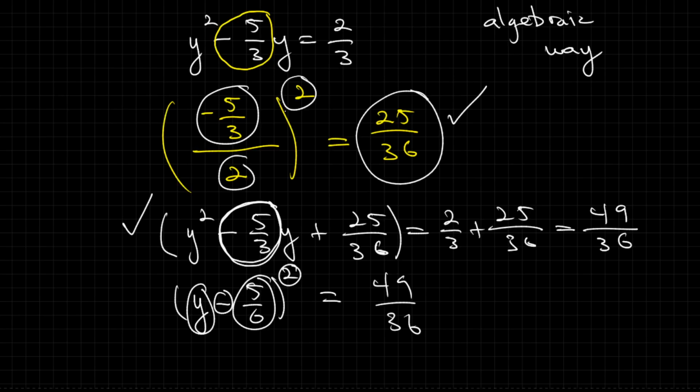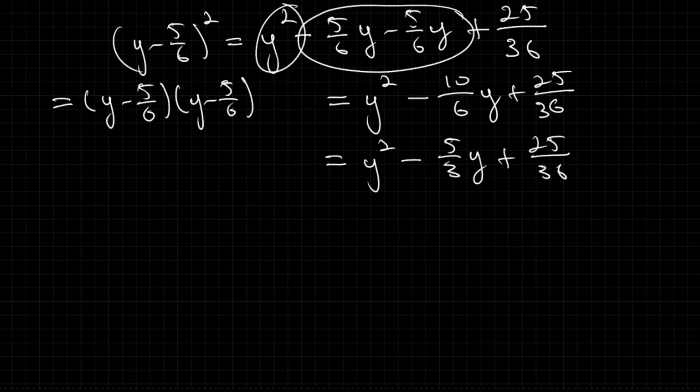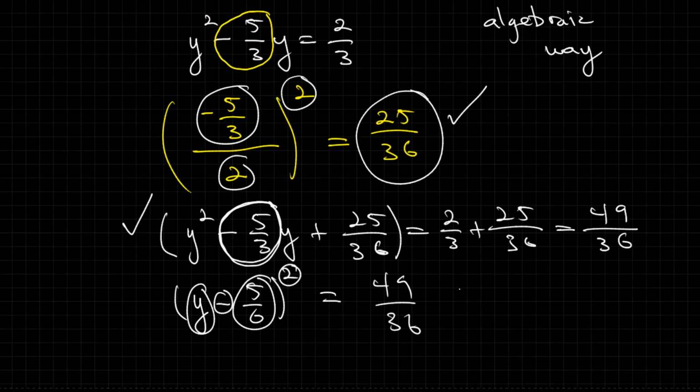That is, this left-hand side is the same as this. And of course, you'll recognize this line as the same line that we got when we used the geometric way. This step is one of the reasons why I like doing the geometric way better. Sometimes it's difficult to see exactly how your expression factors.